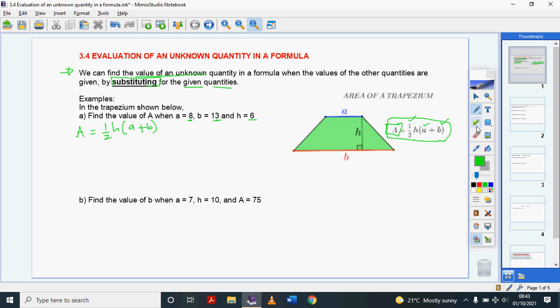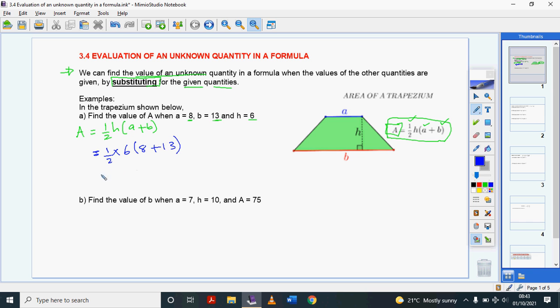If I want to find the value of the area, I know I've been given H, so all I do is substitute, right? That's all you're doing in this lesson. You're simply substituting what you're given. So you're given that H is 6, so where I have H, I'll put 6. You're given that A is 8, so where I have A, I'll put 8, and where I have B, I'll put 13.